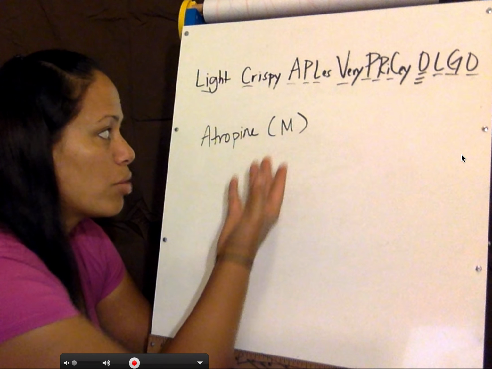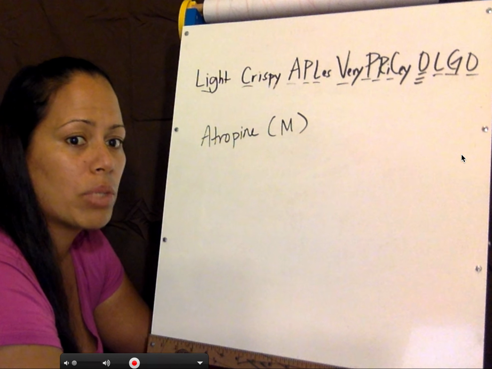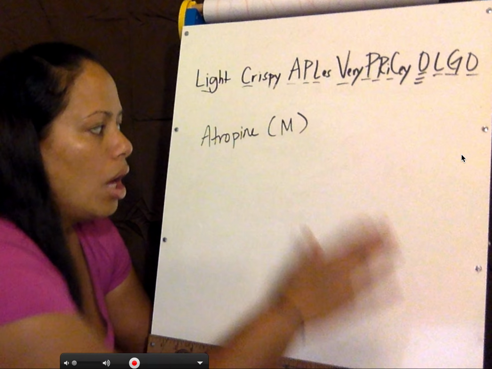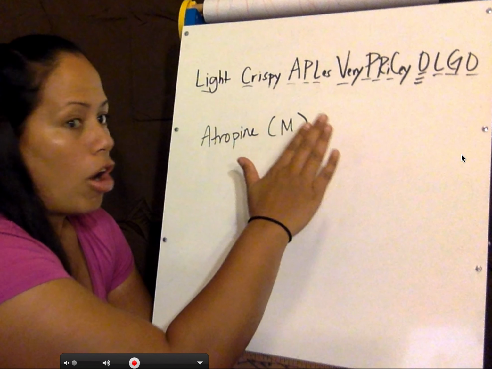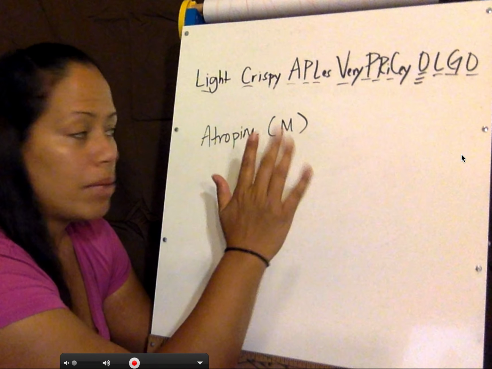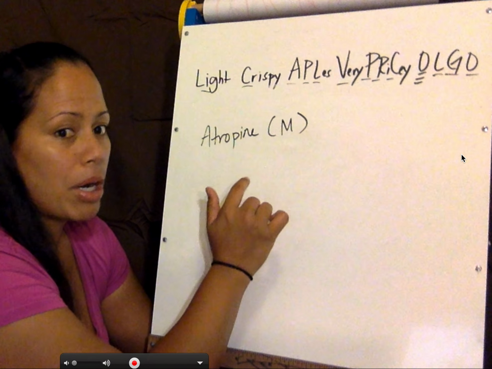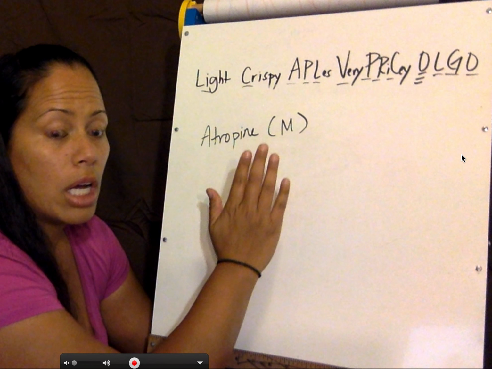So let's say muscarinic blockers like atropine end up at the heart. What's it going to do to heart rate? Well, if I take my foot off the brake, because this is blocking parasympathetic, and for the heart, the brake is parasympathetic, so this is a blocker of parasympathetic. If I take my foot off the brake, then the gas is on.